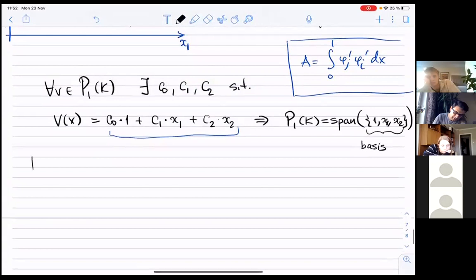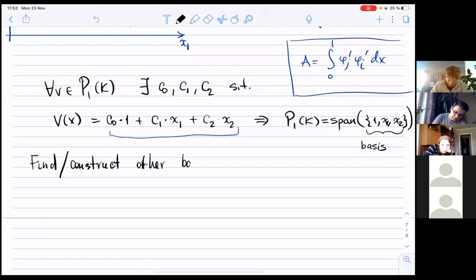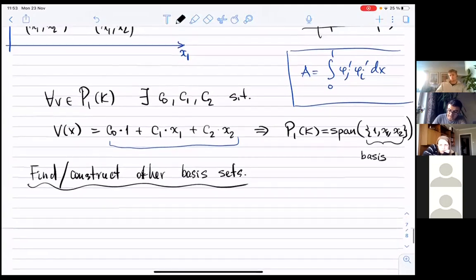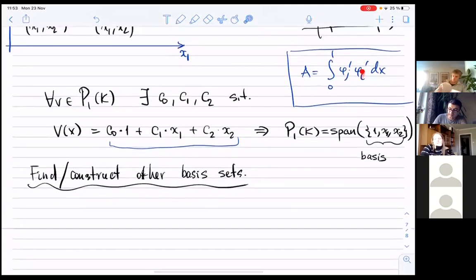So we have to find or construct other basis functions, other basis sets. It's better to write it like that. Of course you can say that we can just use the same idea that we used in 1D.